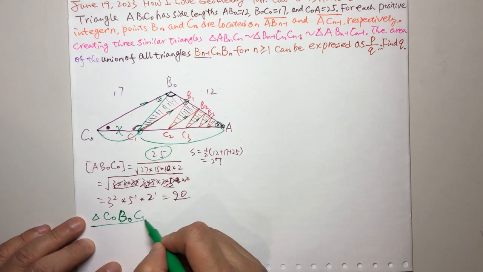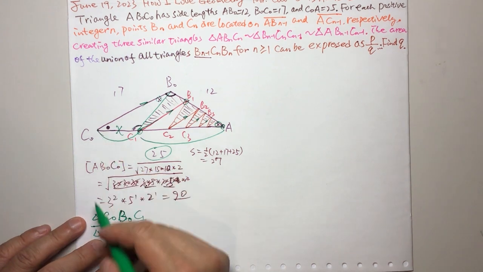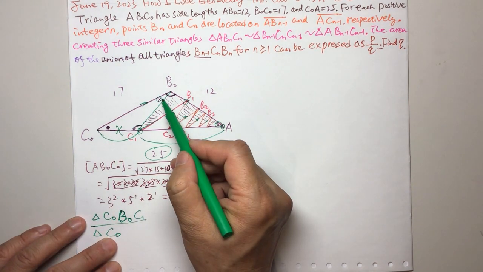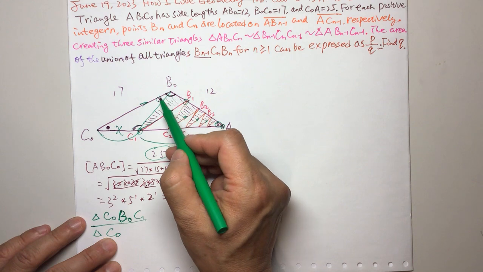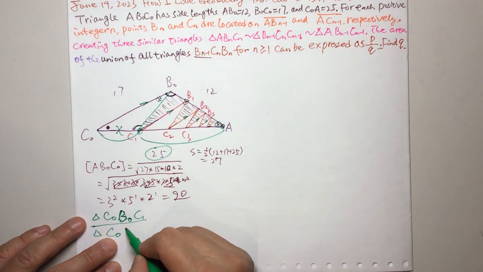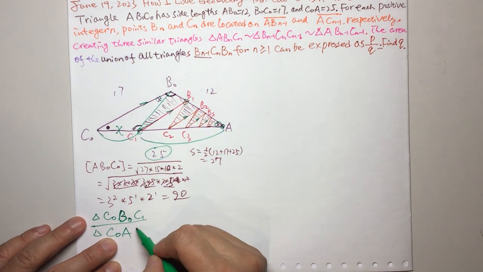And similar to this triangle, this angle C0, now the second one is this, and the corresponding is A, and finally C1.